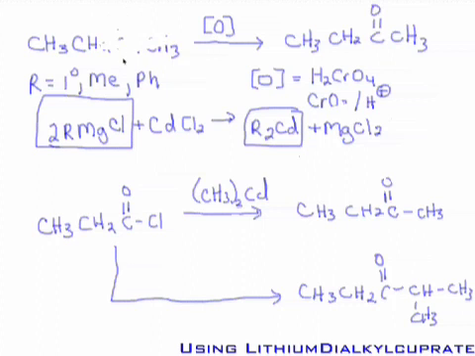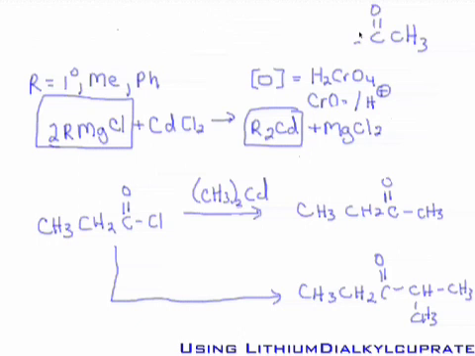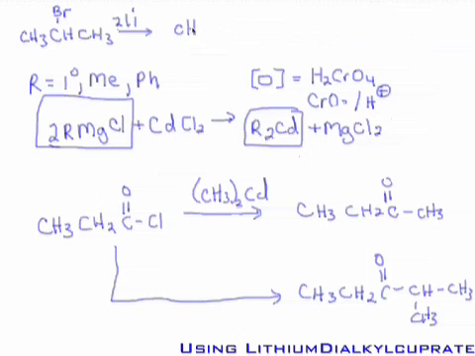Let's rub off the top here. I can take isopropyl bromide with two lithiums and make CH3 twice CHLi, isopropyl lithium.